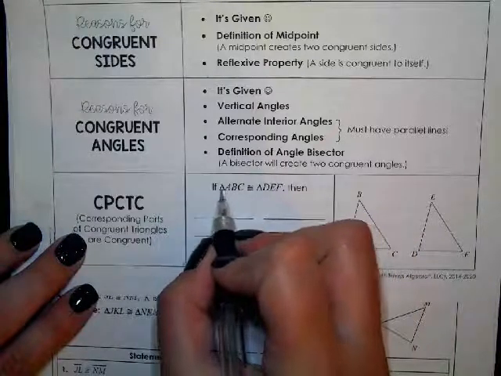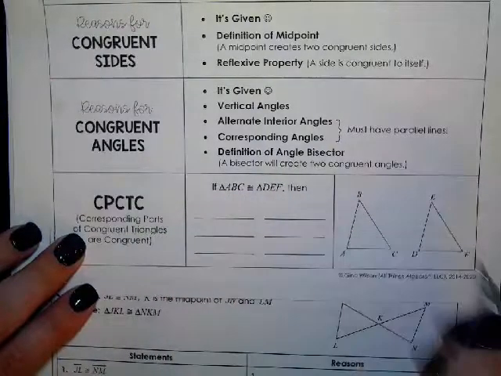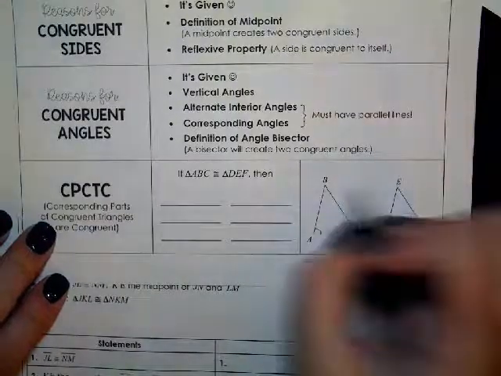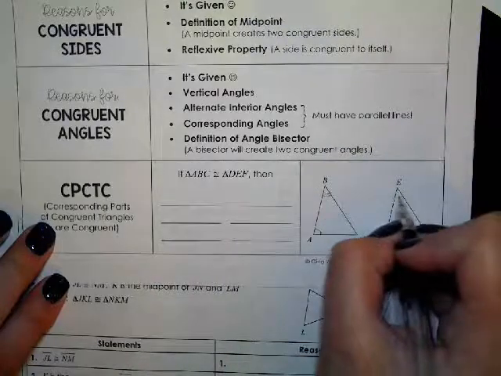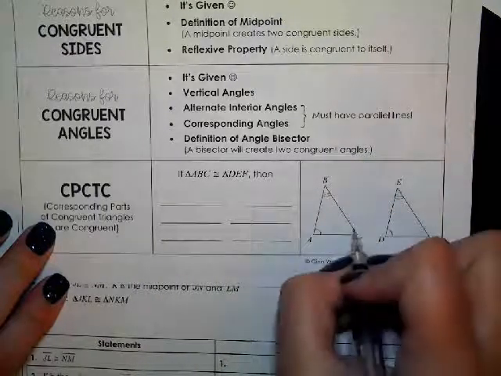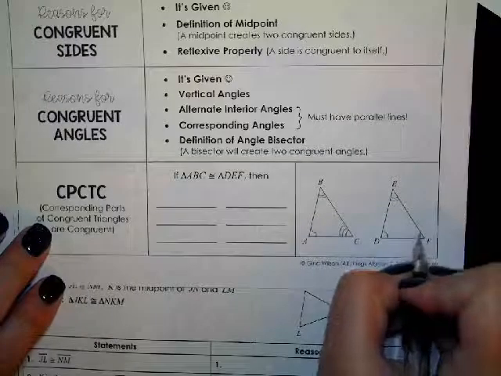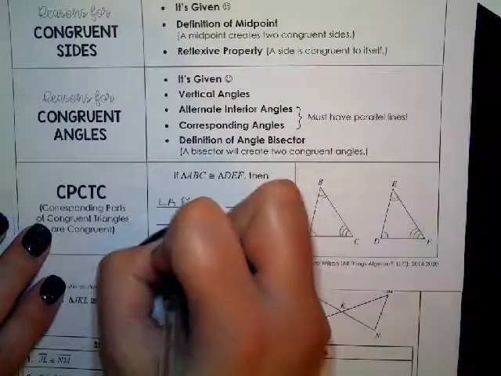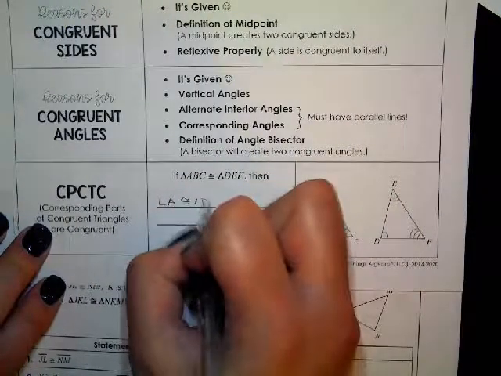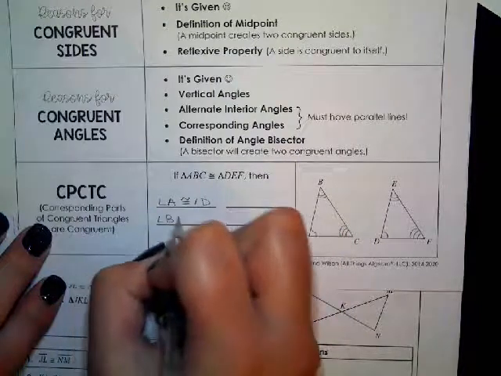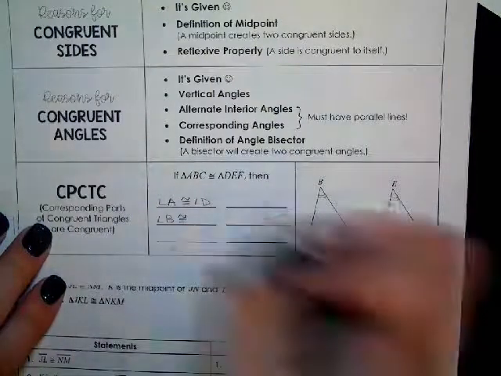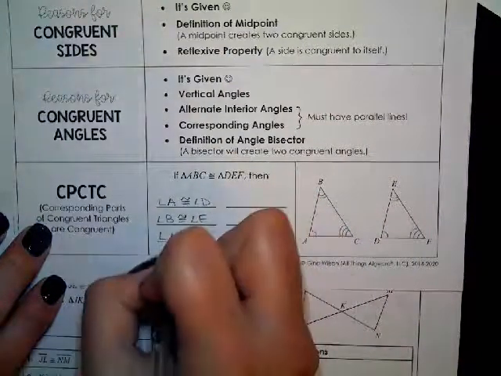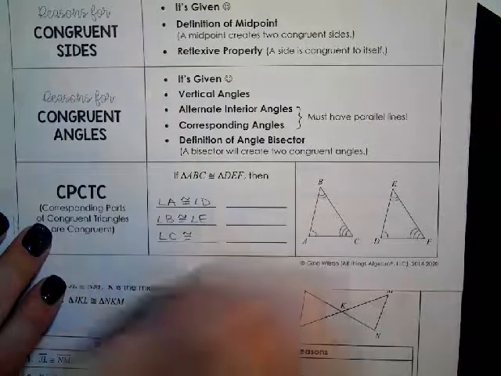If triangle ABC is congruent to triangle DEF, then we know angle A is the same as angle D. Angle B is the same as angle E. Angle C is the same as angle F. So angle A is congruent to angle D. Angle B is congruent to angle E. Angle C is congruent to angle F.